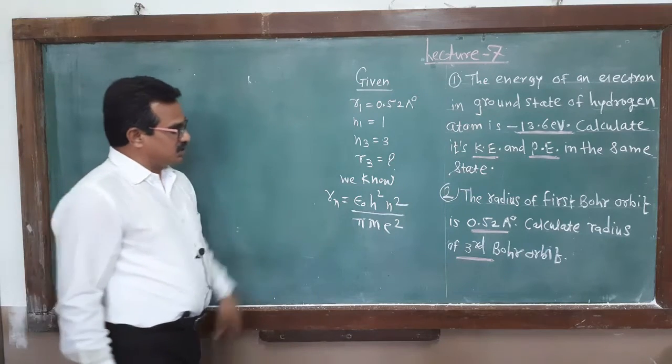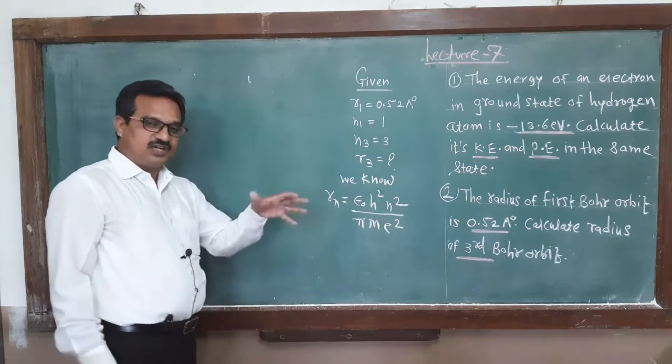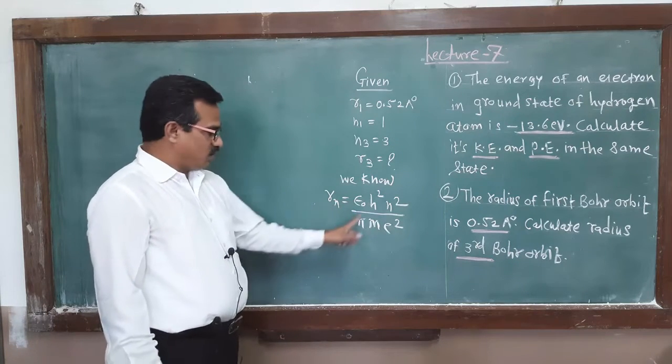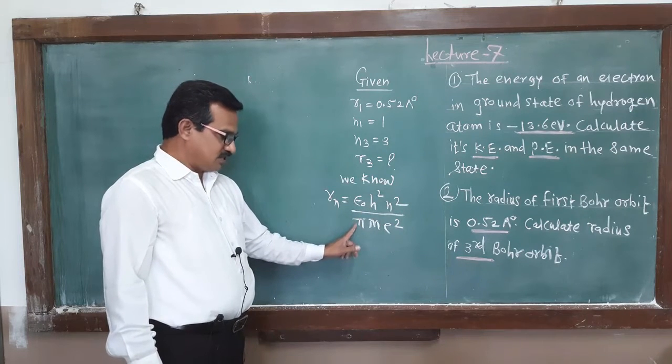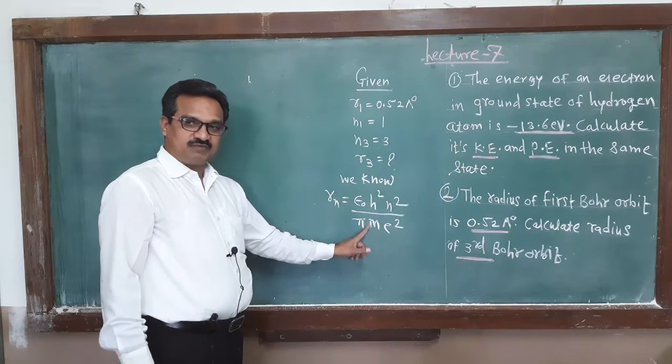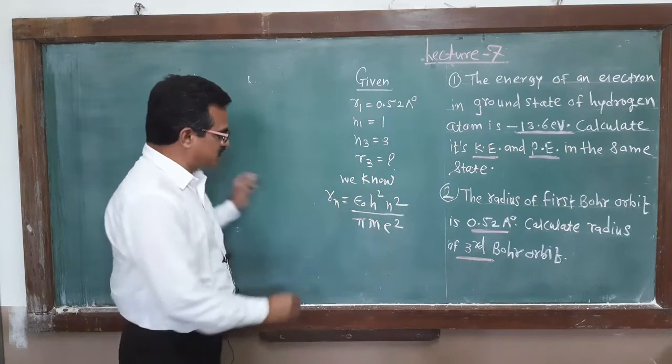But in this equation, epsilon 0, the permittivity of free space, is constant. h is the Planck constant, again constant. Pi is constant. m, the mass of the electron, is constant, and e, the charge of the electron, is constant. All these terms are constant.